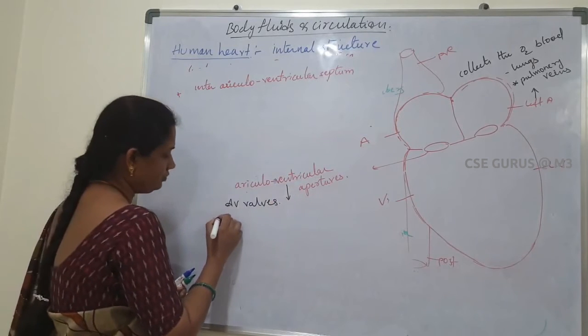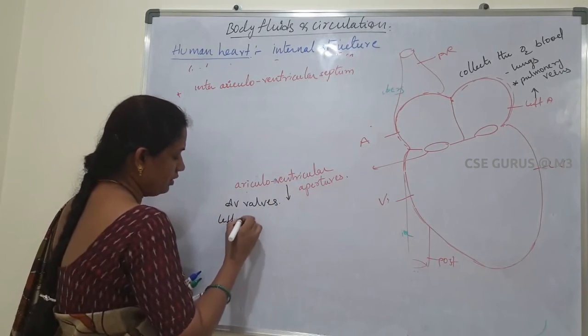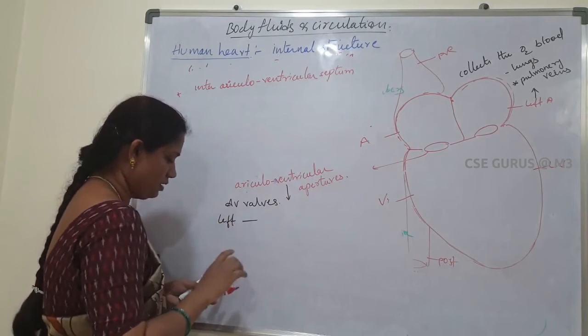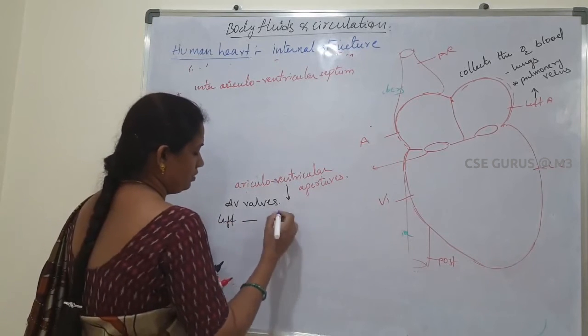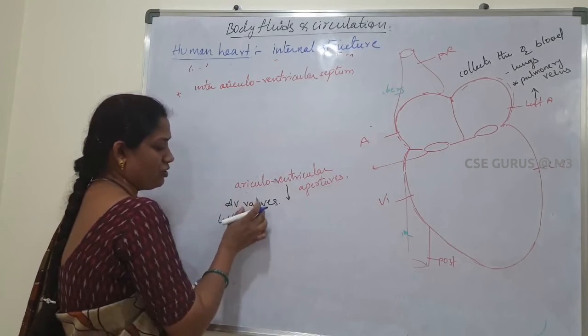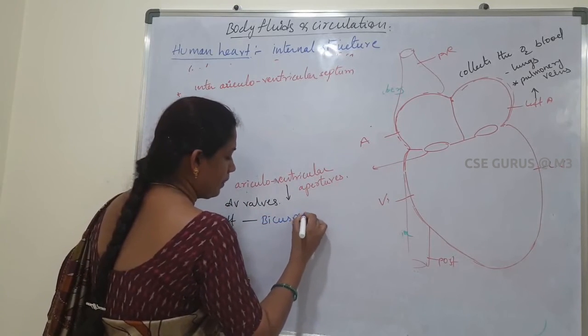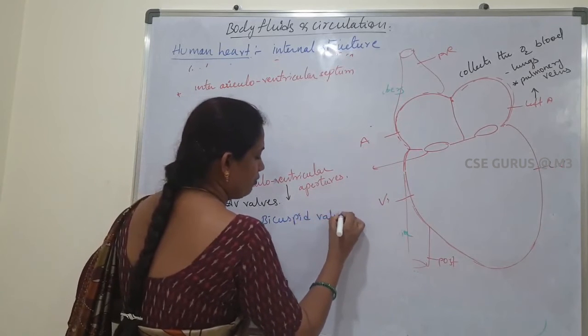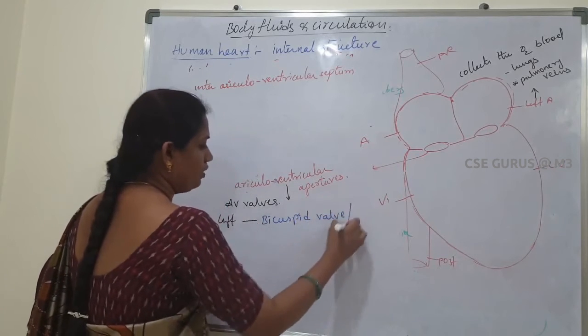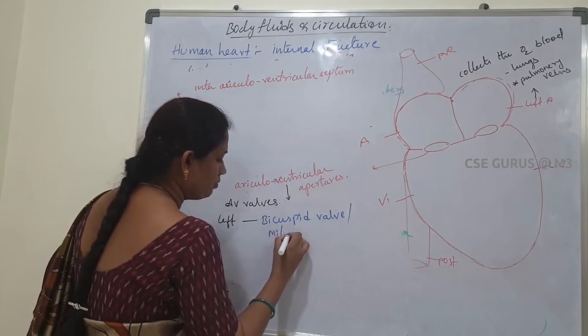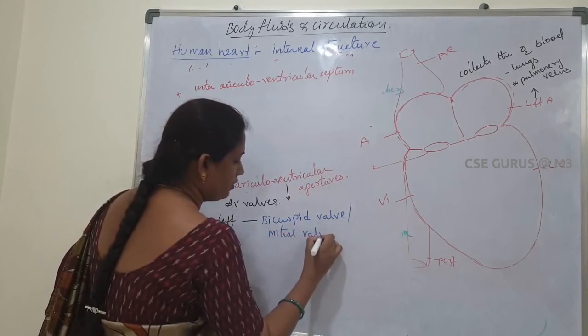The valve on the left side, the left auriculoventricular valve, is called the bicuspid valve. It is also called mitral valve.